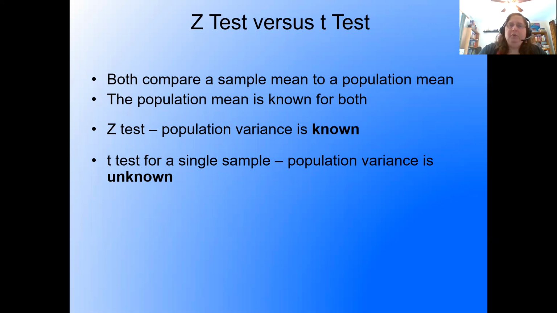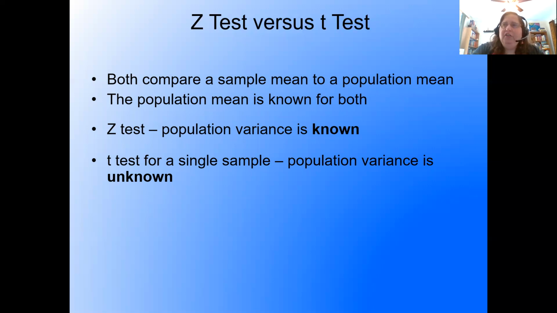Now you might be wondering, why is it okay to have one of those three? Because the truth is, if I know any of those three, I can get back to population variance. Just for an example, if I know sigma, the population standard deviation, how do I get back to population variance? I square it, and I'm back to population variance.